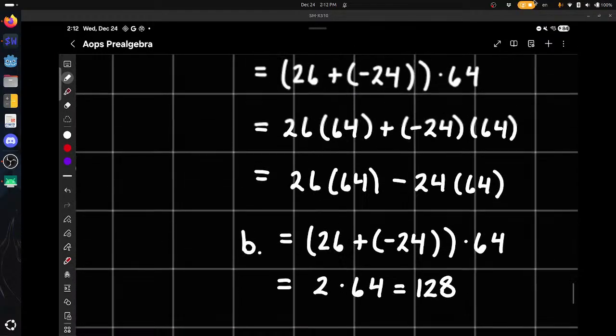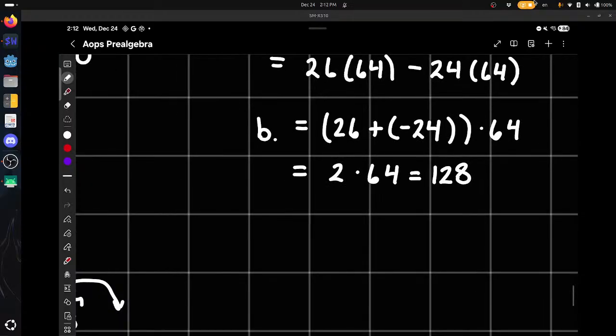Okay, so now let's move on to the last problem in this section. 28. Use the fact that 999 equals 1000 minus 1 to evaluate 999 times 345. Okay, so they want us to evaluate this expression right here.